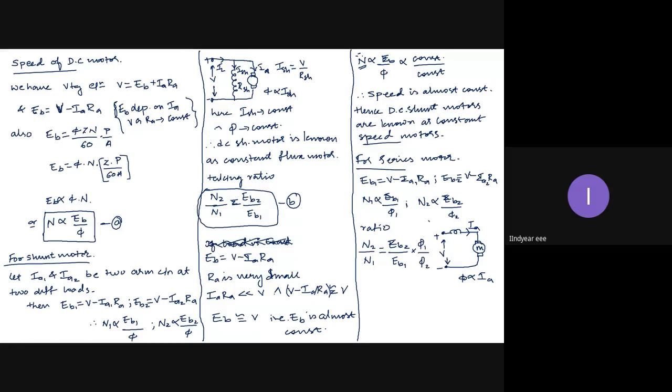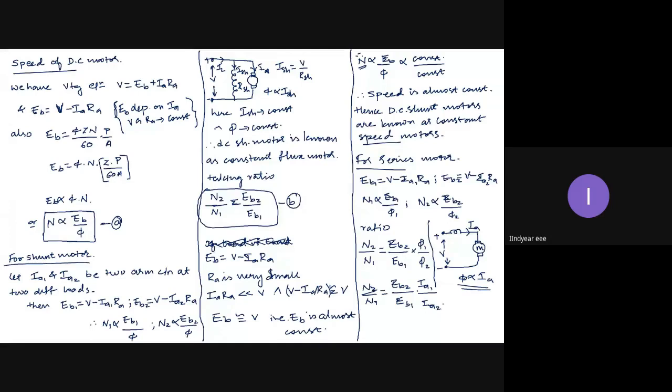Since phi is proportional to IA, I can write N2 by N1 is equal to EB2 by EB1 into IA1 by IA2. So this is about the speed variation in DC series motor and DC shunt motor.